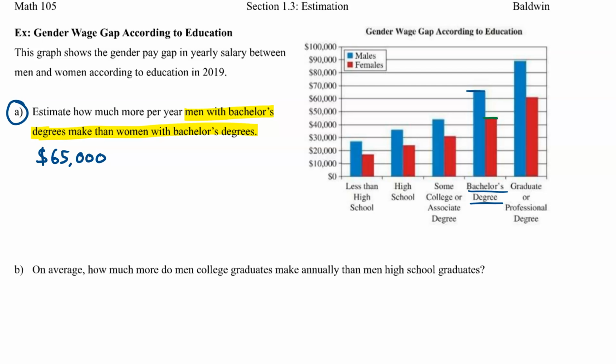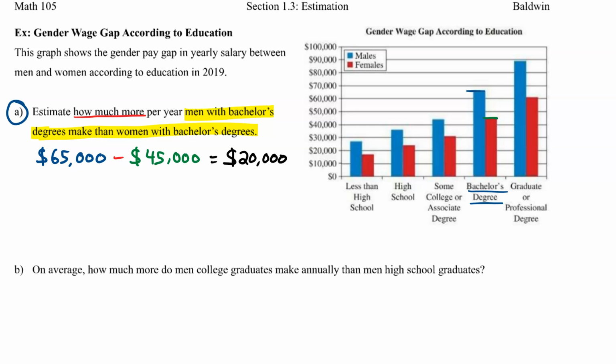If we're thinking about how much more, we are wanting to find a difference, so we are wanting to subtract. So we subtract those to get our estimate for the difference and find that it's going to be about a $20,000 difference.